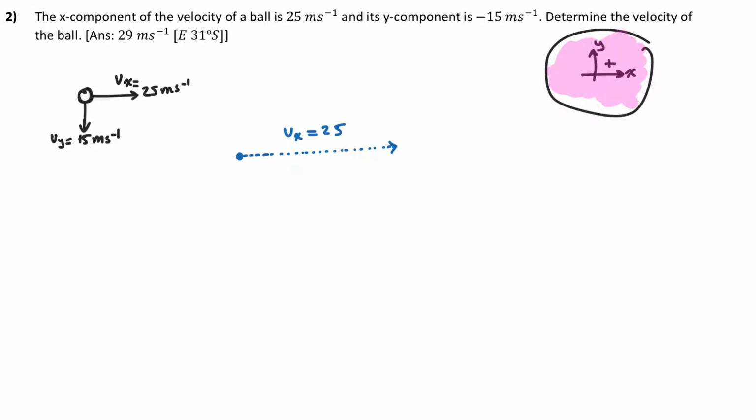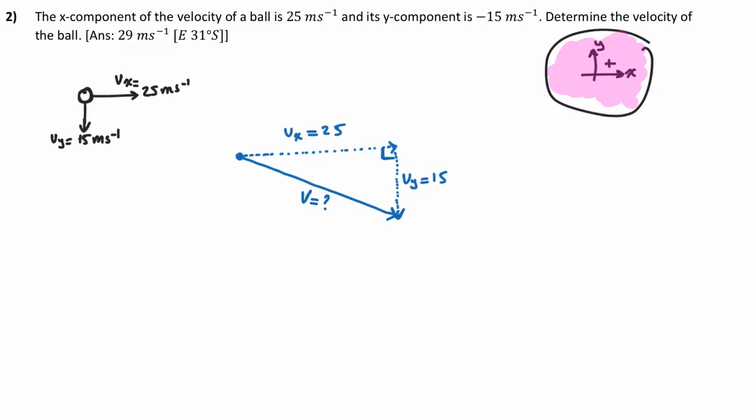On the tip of that, I'm going to add the tail of the other vector, and this is Vy, with a magnitude of 15. So the vector will start from the tail of the first vector and end at the tip of the very last vector. These two make a 90-degree angle, and I'm going to use that idea to find the magnitude of my velocity here.